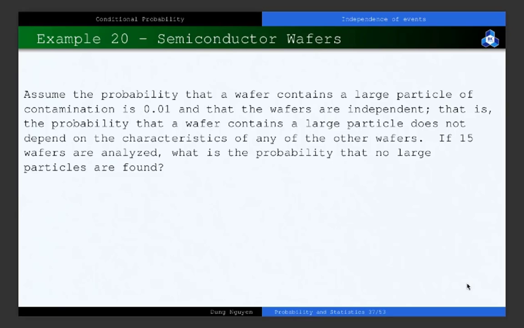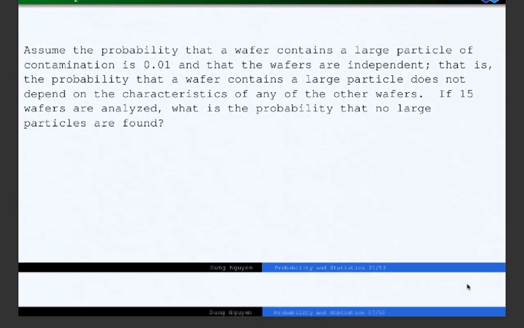We are going to use that equation to solve the following example. Assume that the probability that a wafer contains a large particle of contamination is 1%, and that the wafers are independent. If 15 wafers are analyzed, what is the probability that no large particles are found?